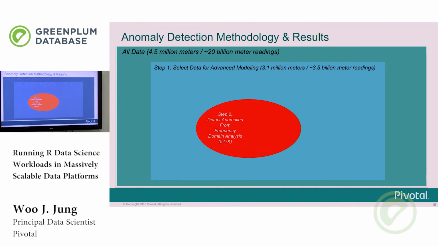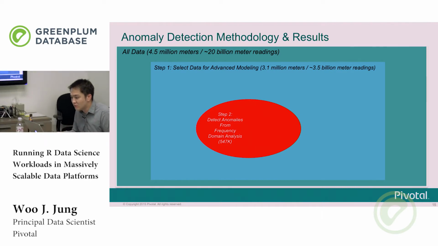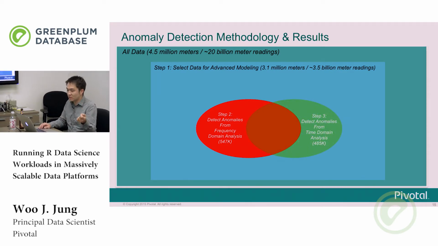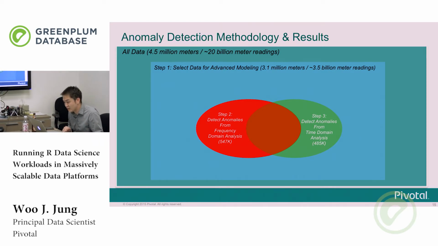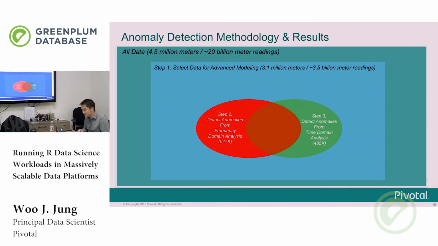We presented this model back to our stakeholders at this particular company, and they wanted to see a further reduction of the false alarms, the false positives, right? And so we came up with a workflow where, in addition to the FFT analysis, we also ran an ARIMA model that identified a separate set of about 500,000 anomalous meter readings.